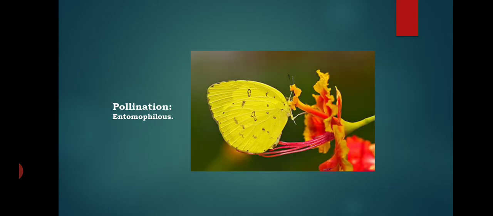And the pollination is entomophilous. We can see viable or fertile seeds are produced. So the agent of pollination is insects, so it is entomophilous.